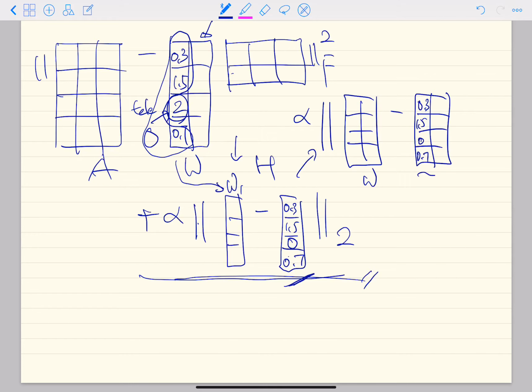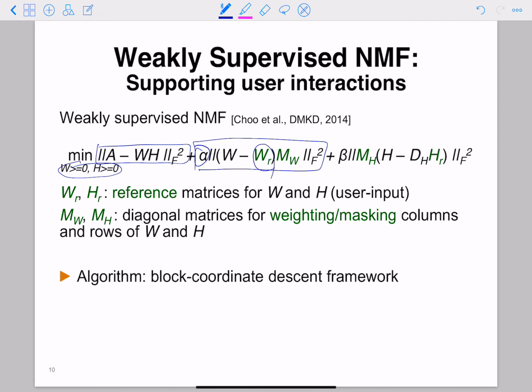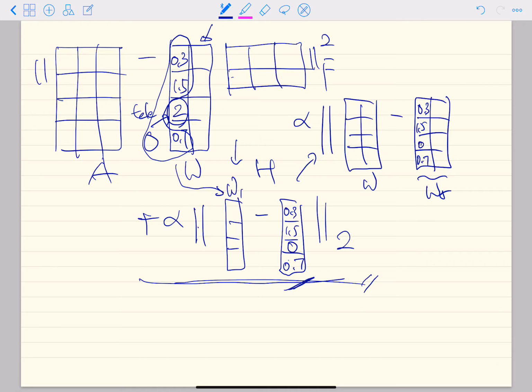So this is W, and this is a user defined W, so that is called WR, and I just set any value over here, and here we can just mask out the difference of the second column.